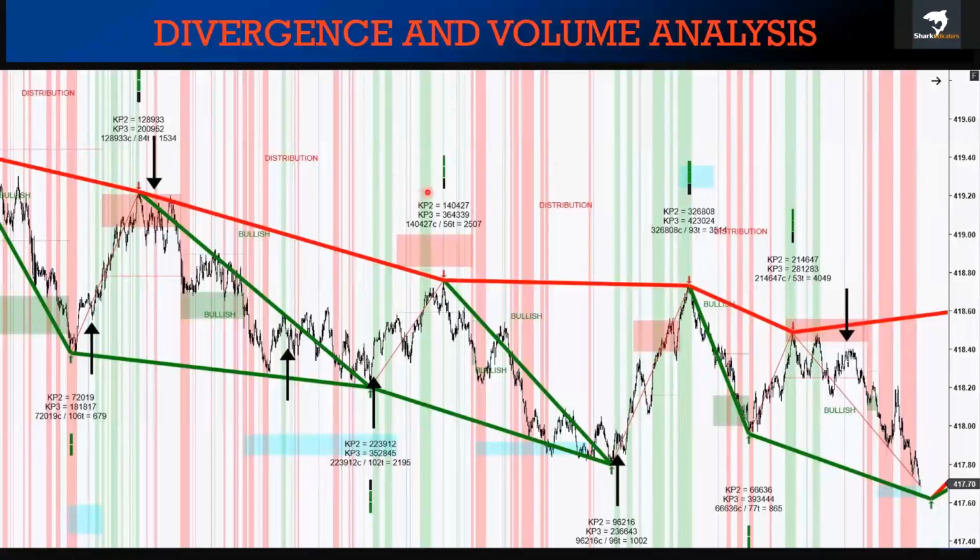Now, the other thing that I'm doing is I want to not only look for divergence, but I also want to analyze volume. And what you're seeing on this is the SPY chart, the tracking chart for the S&P 500, with the ZoneTraderPro divergence indicator and the BloodHound template looking at the VIX.